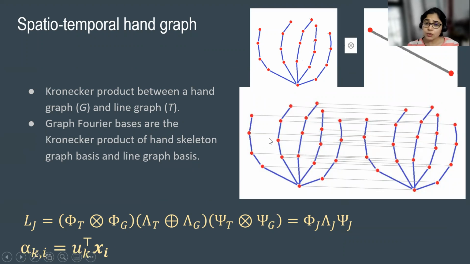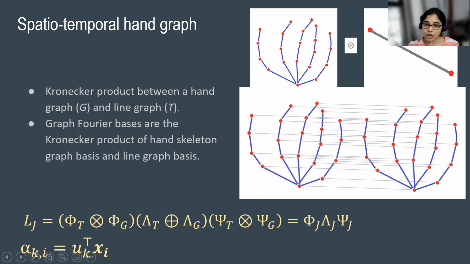There are many other ways to make the spatio-temporal hand graph. For example, you can connect all the nodes of one frame to the other. But why are we using this kind of STG hand graph? Because this hand graph representation is separable. So you can first apply this hand graph, and then you can apply the line graph basis to extract the features.